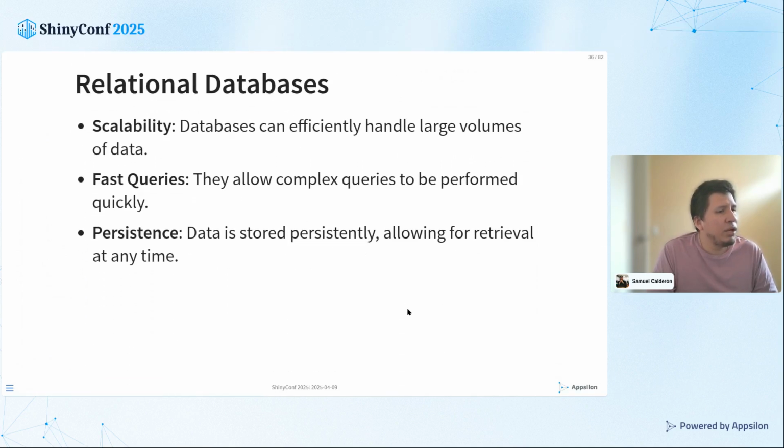And the last way of making the data part faster is using relational databases, which can scale in a much better way than just using our limited memory. They are prepared for handling large volumes of data.